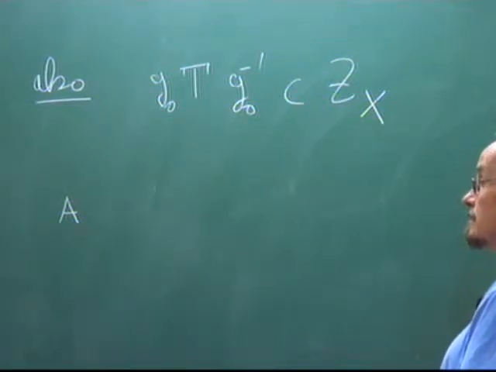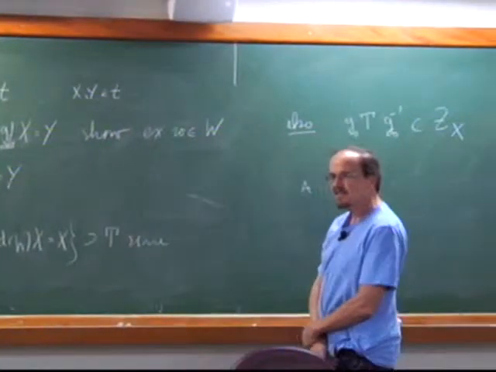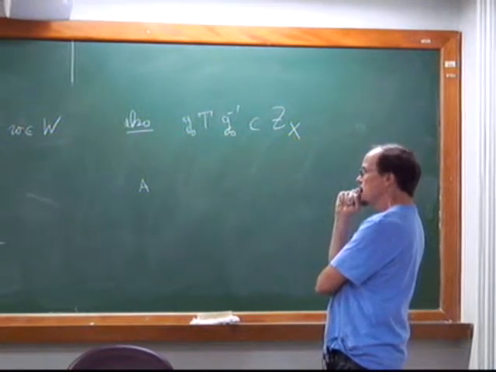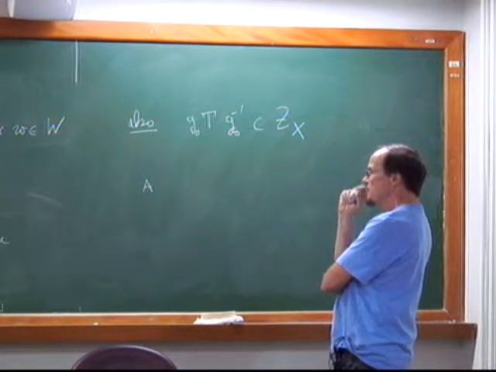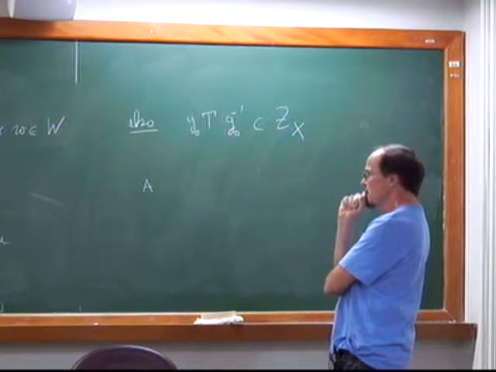Oh, sorry, no. As long as it has this property, it's in the centralizer. The centralizer is not a normal subgroup inside all of G, is it?